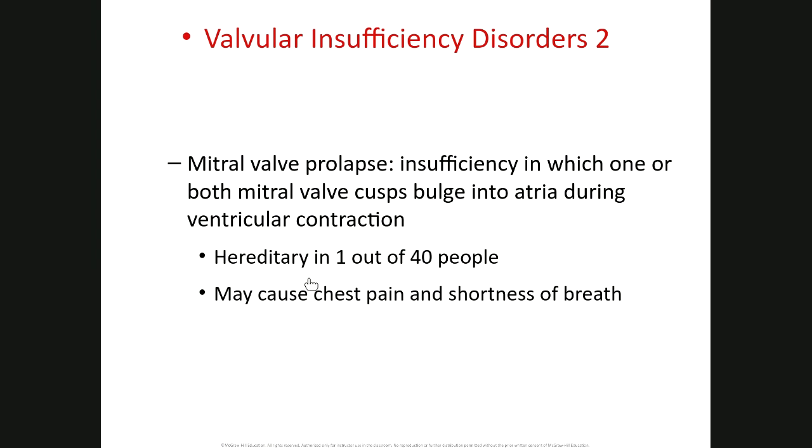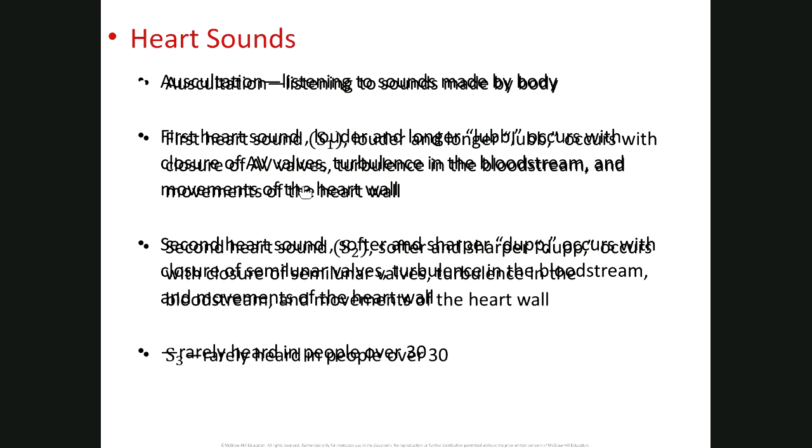This is also hereditary, 1 out of 40 people. Auscultation is fulfilling your need to hear it, so your sense of hearing, listening to the sounds made by the body. And like we said, we have the first and second heart sound, lub dub, huh?